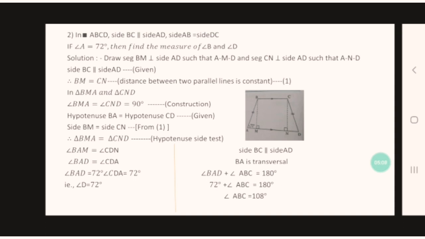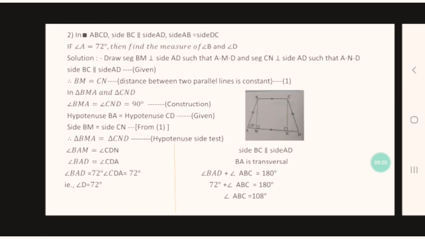Fine. Now here BC is parallel to AD. As BC is parallel to AD, distance between these two will be equal. So from this we conclude that BM is equal to CN.